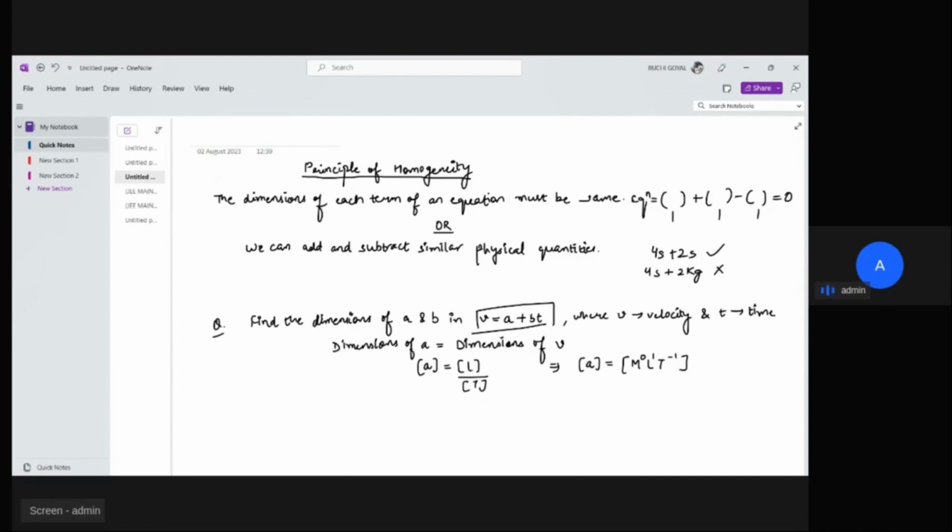From here we can find the dimension of B as well. What will be the dimension of B?